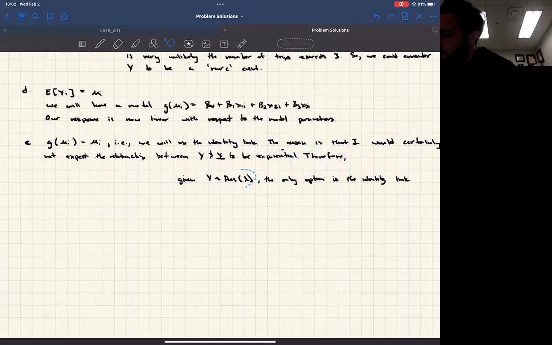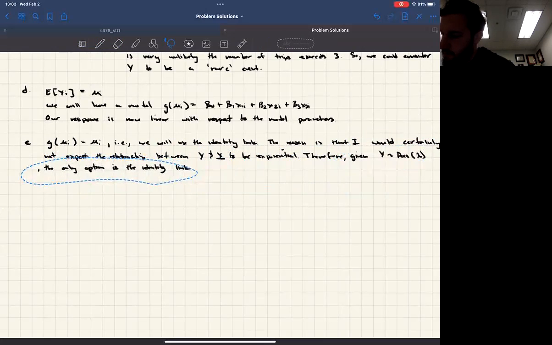Therefore, given y is Poisson, the only option is the identity link.